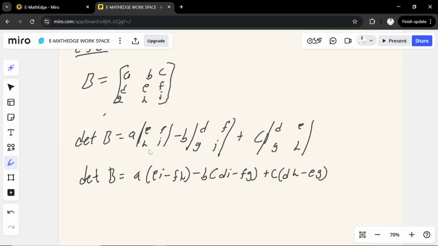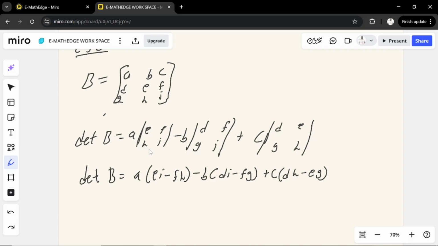So from this point, it will now be very easy to simplify if we have all this as single numbers. It will be easy for us to add or subtract where necessary. So that is the approach for a 3 by 3 matrix.